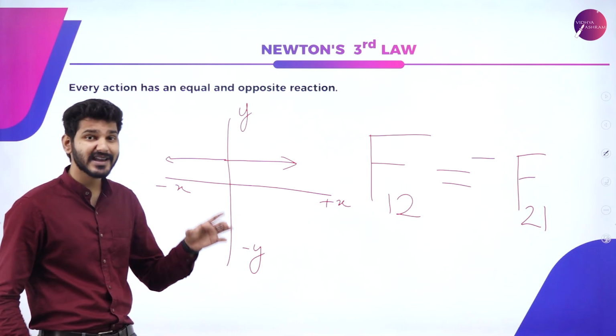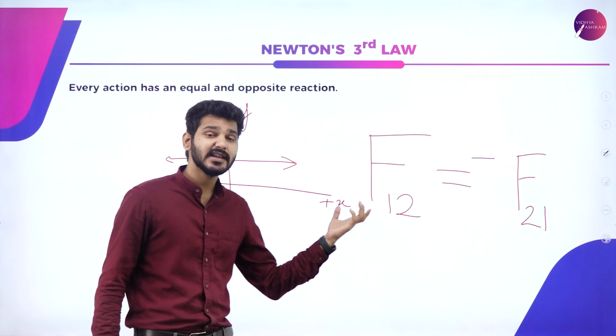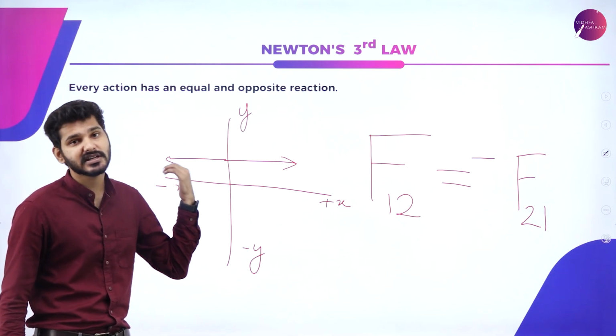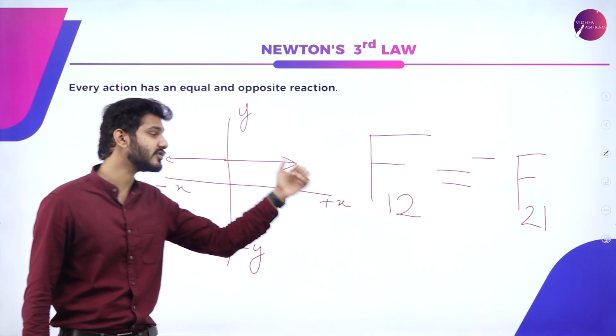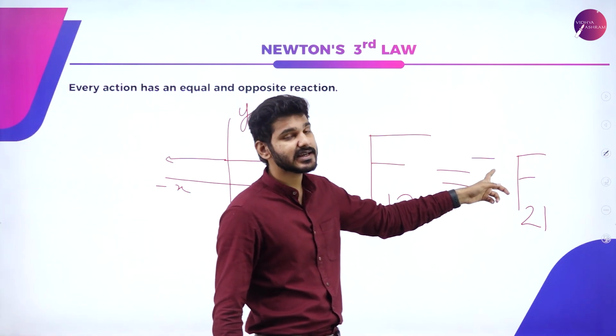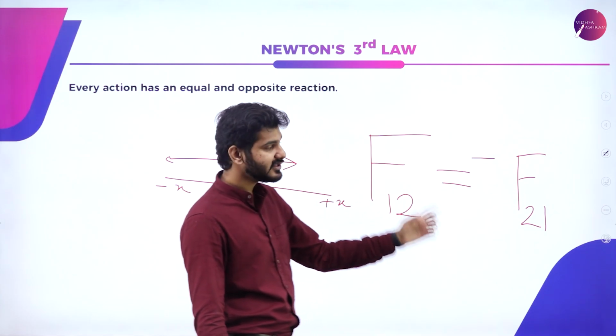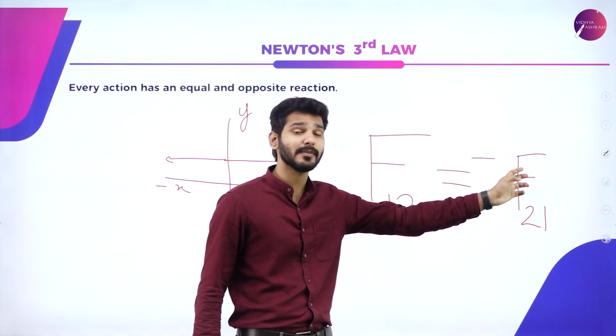So remember, in physics, if a negative sign appears, it is just indicating that the direction is opposite in nature. So if I'm applying a force in the positive x direction, the reaction force is in the negative x direction. That is why it is indicated through a negative sign, which means these are a pair of forces which are equal in magnitude.